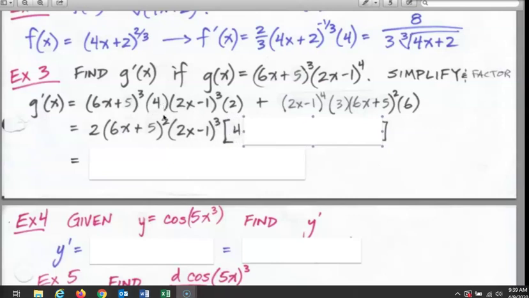Okay? Then I need to ask myself, this whole thing times what gives me these two parts here. So remember, we add exponents. If I had an x to the 5th times what would equal x to the 7th? It would be x squared. We add the exponents. So in other words, 6x plus 5 to the 2nd times what equals 6x plus 5 to the 3rd. Well, I need to add the exponents.